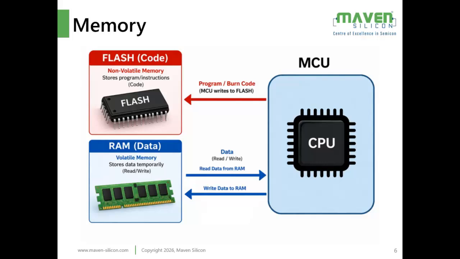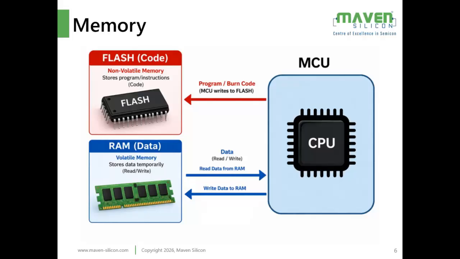Now imagine a brain without memory. Impossible, right? So the MCU also has memory, and this is of two different types. One is the flash memory, which stores the program, that is the code section, and this is non-volatile in nature.